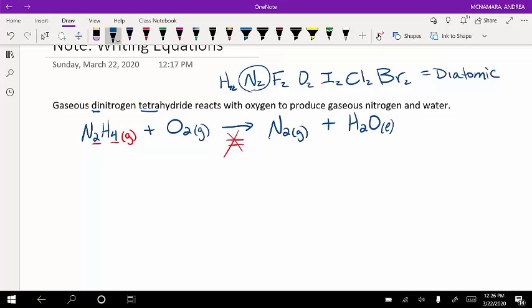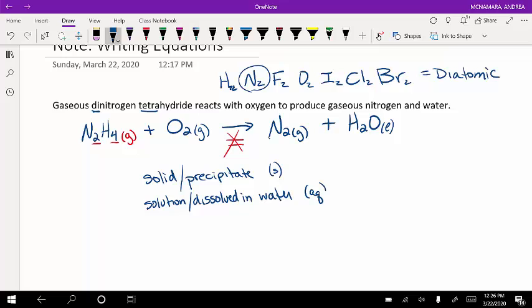But I certainly wouldn't mark you wrong if you had liquid water there as your product of a combustion. That would be fine. Okay, so do remember again the states of matter, the solid or precipitate, right, would both be given as a solid. Right? Liquid is liquid, gas is gas, and a solution or dissolved in water, right, has the aqueous, right?